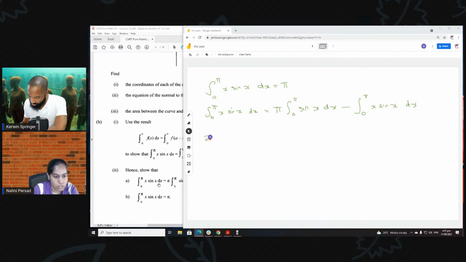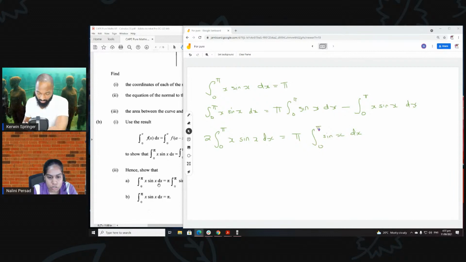So we have 2, the integral between 0 and pi of x sine x dx is equal to pi, the integral of sine x with respect to x between the limits 0 and pi. Right?